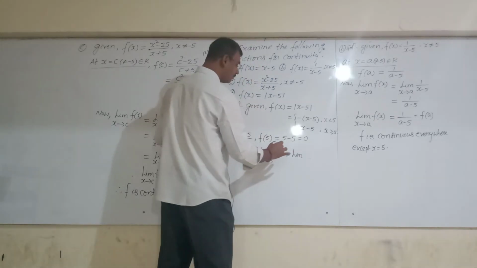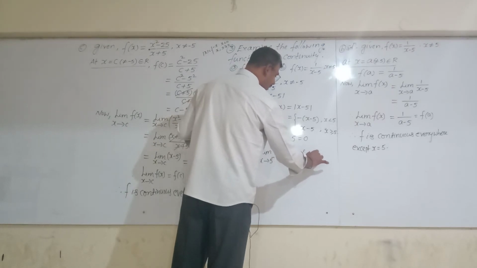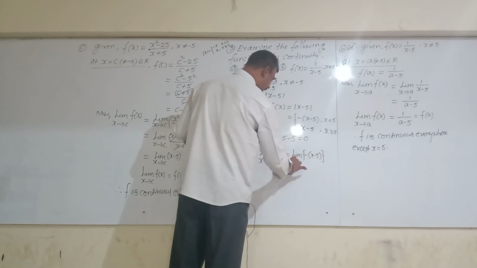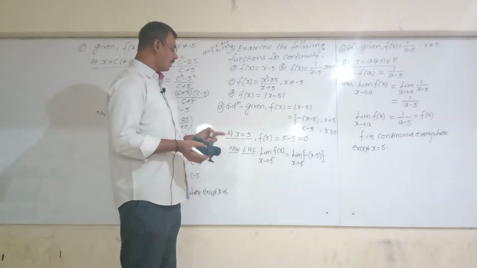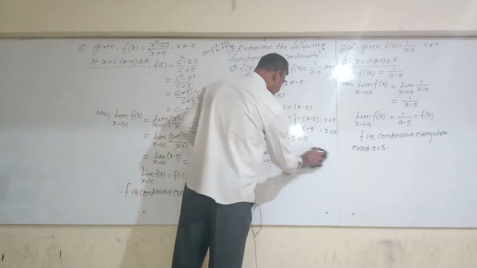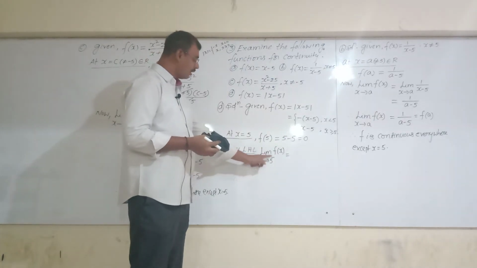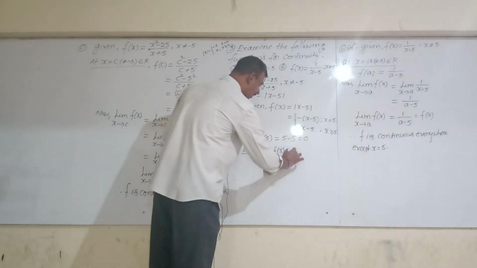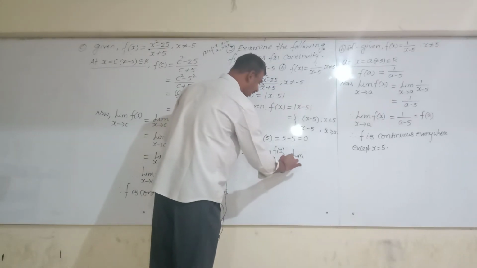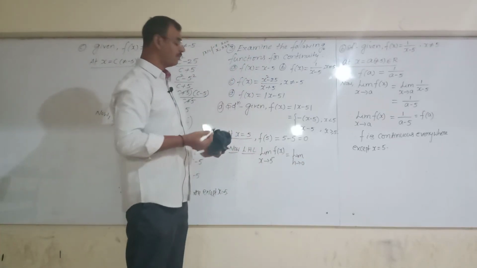So limit of minus of x minus 5 as x approaches 5 minus. Okay? Or else we can do one more easy method instead of this, as given yesterday. We change the limits also. So this can also be written using limits: limit h tends to 0. This is a very beautiful method.